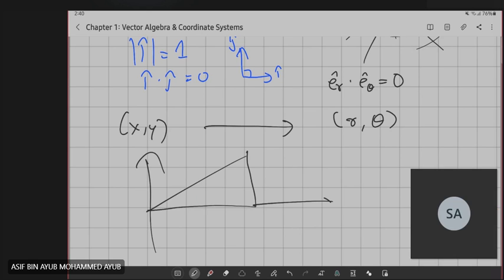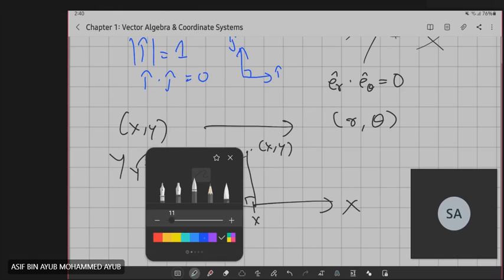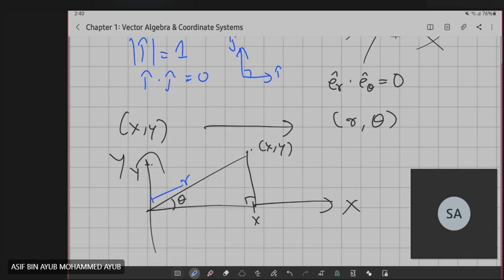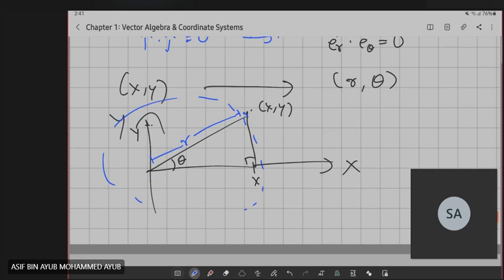Suppose I have this Cartesian system, x and y, and I have a point here at small x, small y. And I have theta here. This is a right angle triangle, and this is r, the radius of the circle. You can imagine that there is a circle here at some point theta.